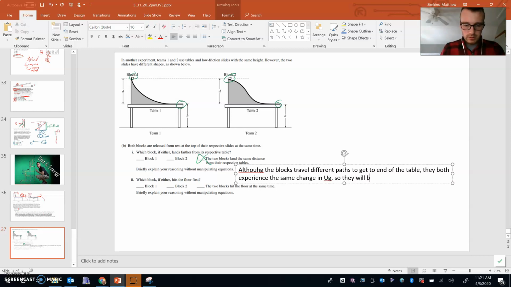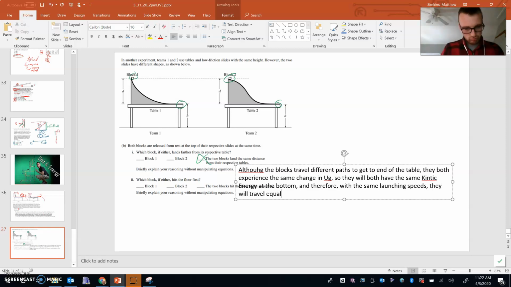So they will both have the same kinetic energy at the bottom, and therefore, with the same launching speeds, they will travel equal distances from the table.